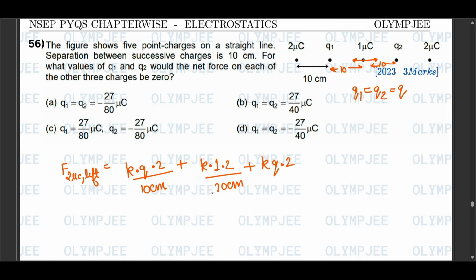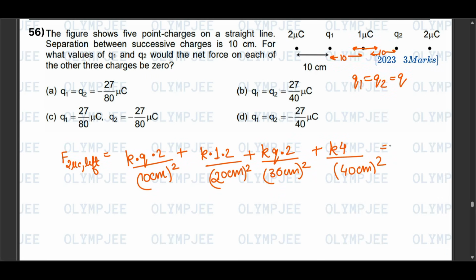Sorry, this was 20 and this will be 30. And due to the rightmost 2 μC, this should be equal to 0, right?